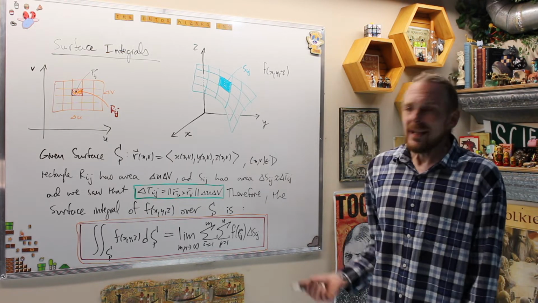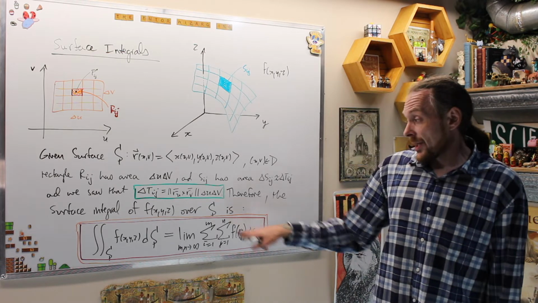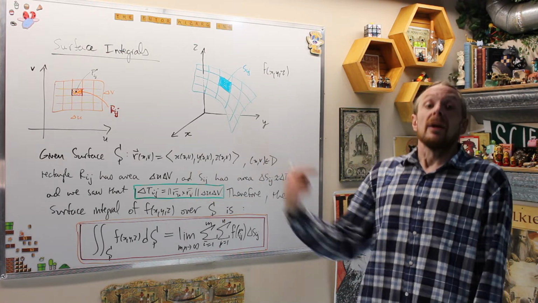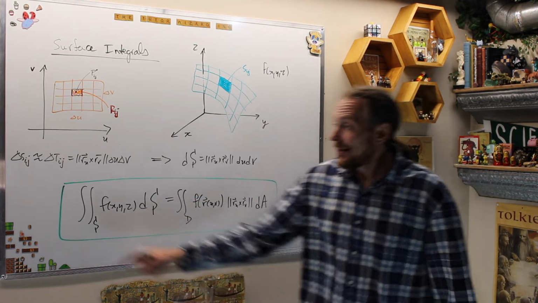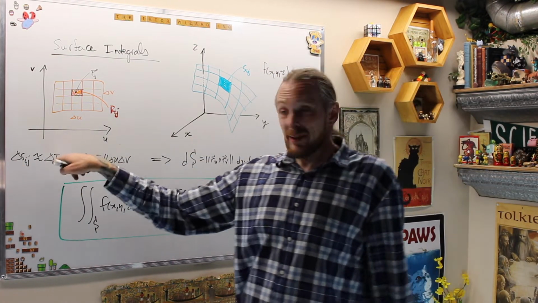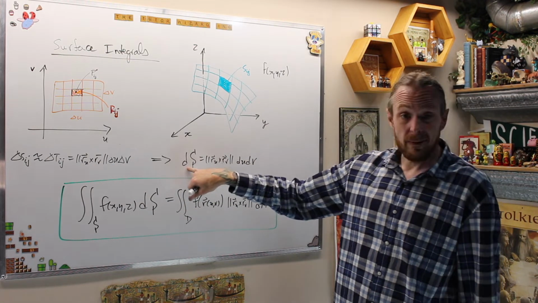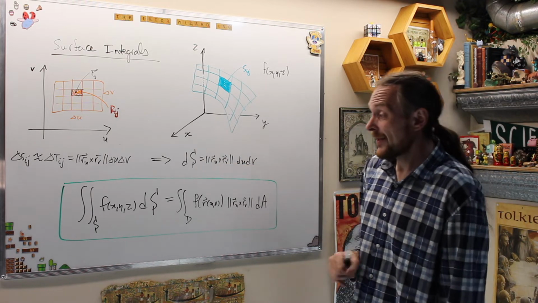To compute this, let's put the formula for delta Sij, the area of the tangent parallelogram, in there and give a computable formula for the surface integral. Once again, noticing that delta Sij is approximately equal to the tangent parallelogram, which has this formula, we get that the differential dS is the norm of Ru cross Rv, du dv.